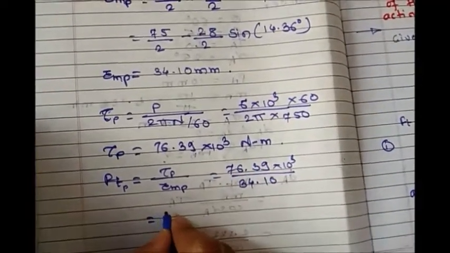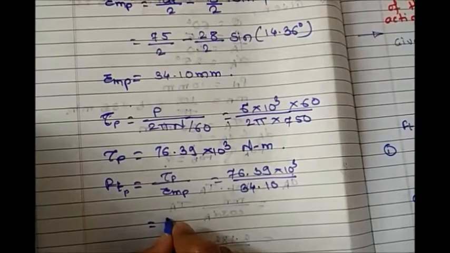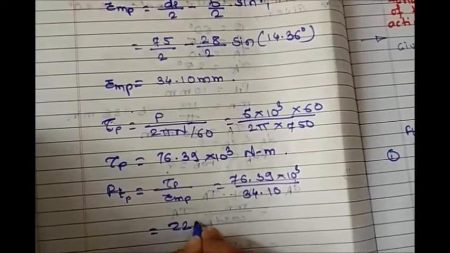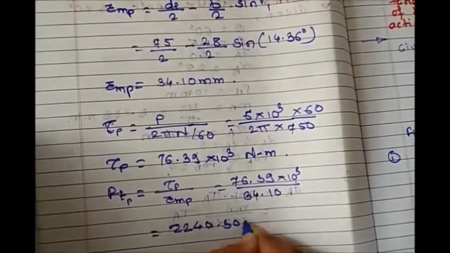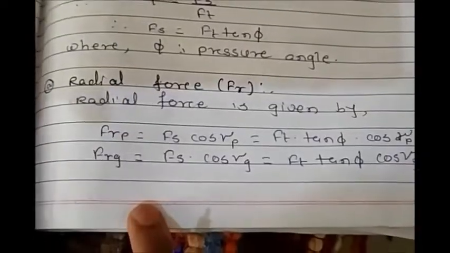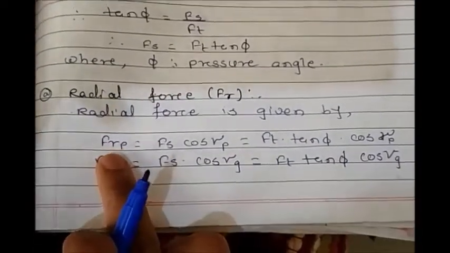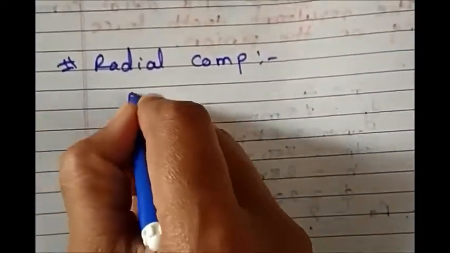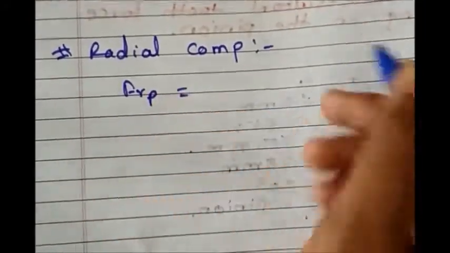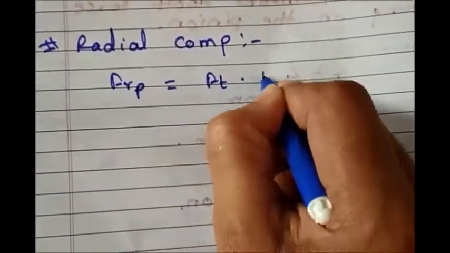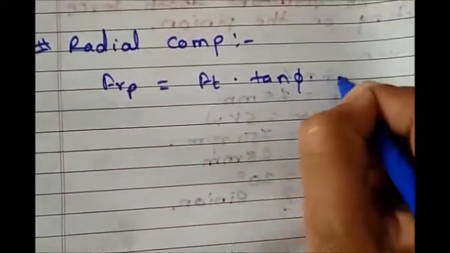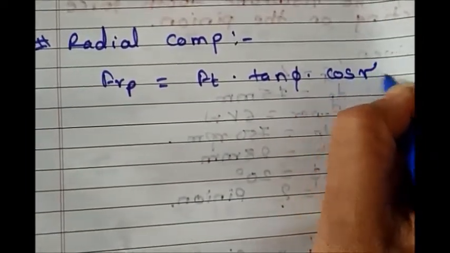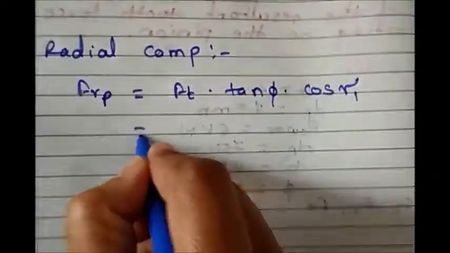So the tangential force is equal to 2240.30 Newton. Now we know that the radial component for the pinion is equal to Ft tan of phi into cos of gamma p, that is gamma 1.